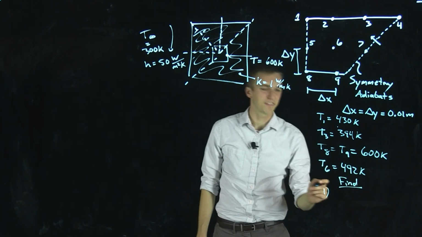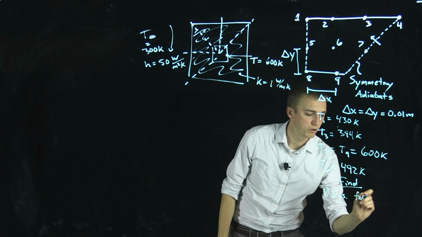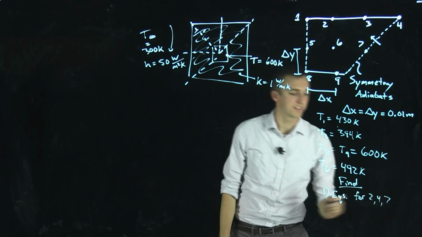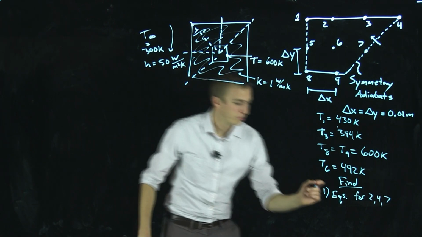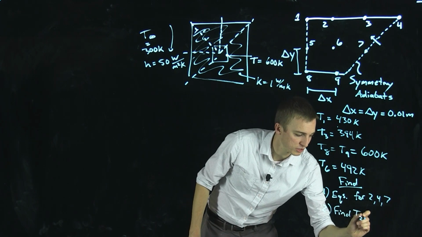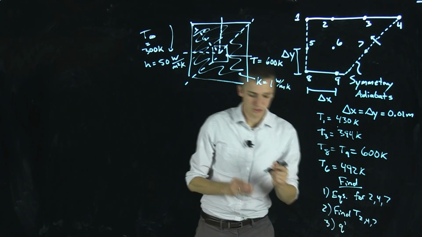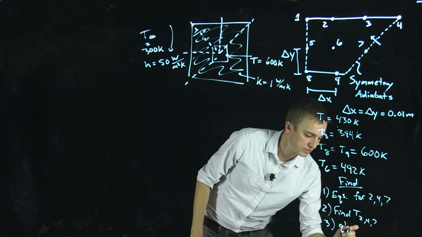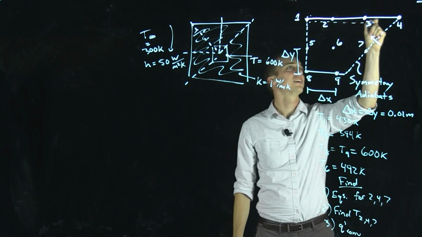Okay, before we wrap up here and solve the problem, let's just list what we need to find. The first thing we need to find are equations for nodes 2, 4, and 7, so equations that would allow us to calculate the temperature. We also need to find the temperatures for 2, 4, and 7. And finally, the total heat rate due to convection from this surface right here.